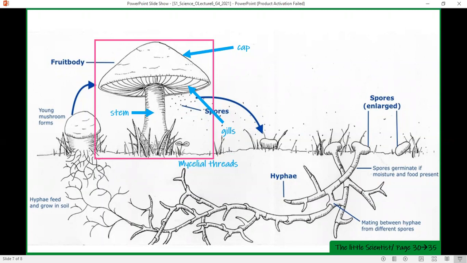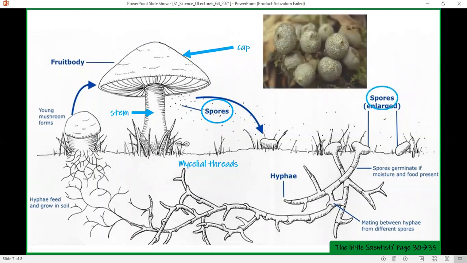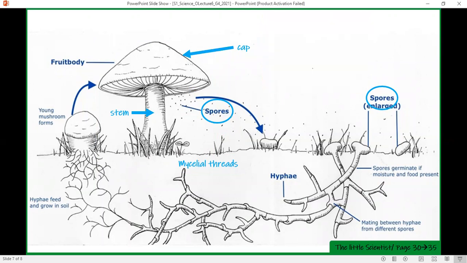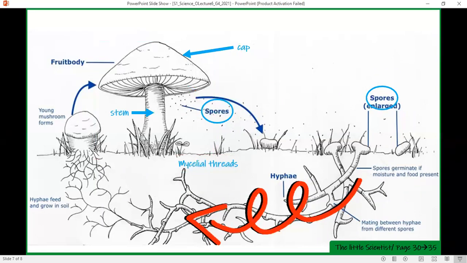And these spores will be transferred to other places. When they find the right conditions and the right place, they will grow into a new mushroom. Here is the small mushroom, and it will grow into a big mushroom.